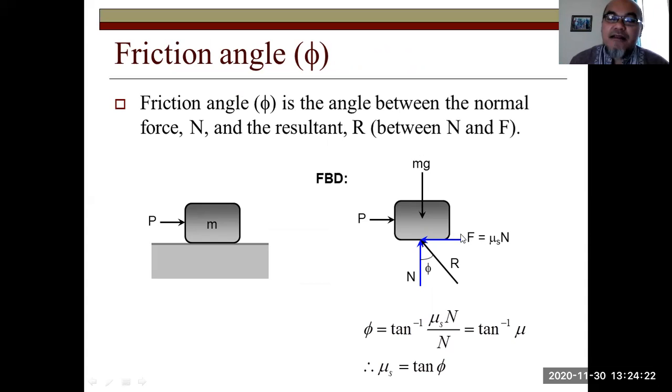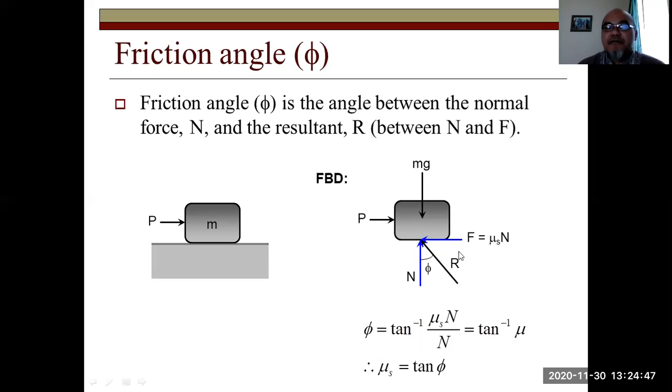Then there will be a friction force F, which, if it is still in equilibrium, equals mu s times N, the normal force, to the left, opposite to this pushing force. The resultant of F and N is this force R.